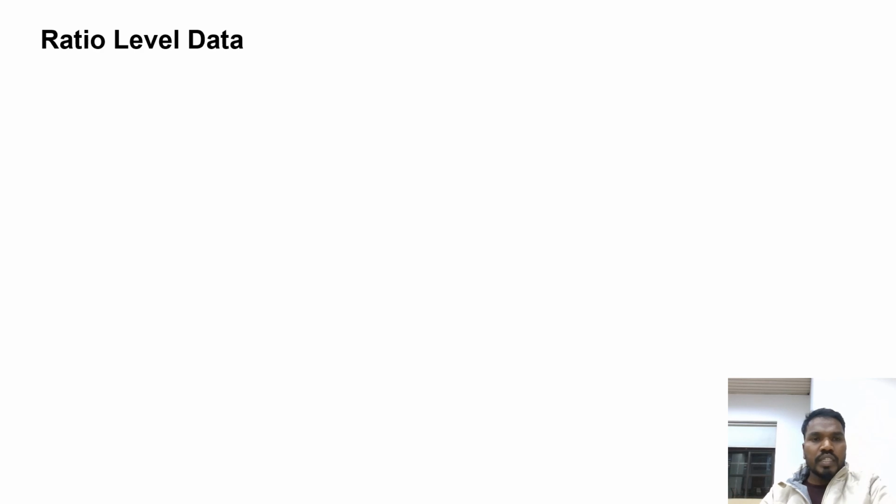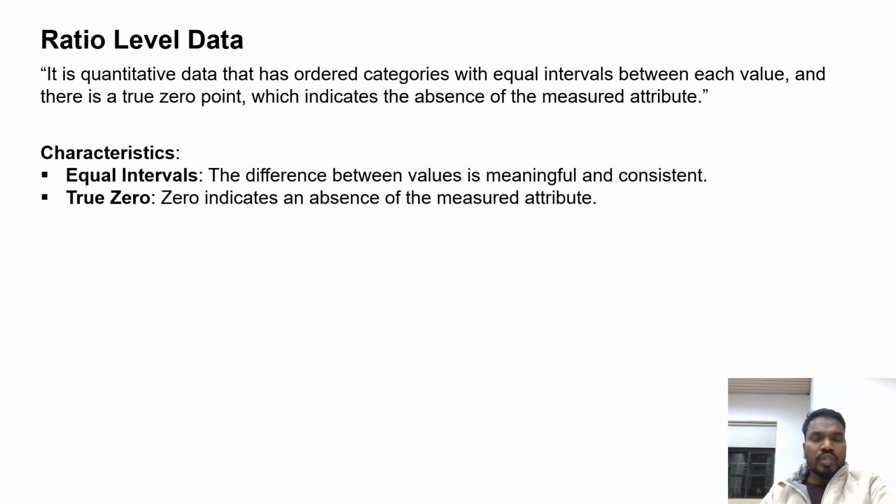Now move to the ratio level. The ratio level is also a kind of quantitative data and has the same properties as the interval data. The only difference between the ratio level and interval level is the true zero. Here, when I'm saying zero, it means absence of that measured attribute.